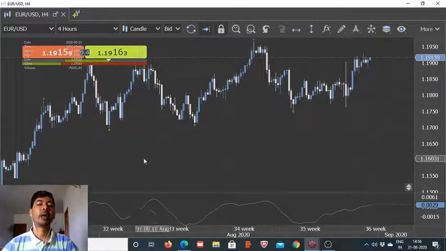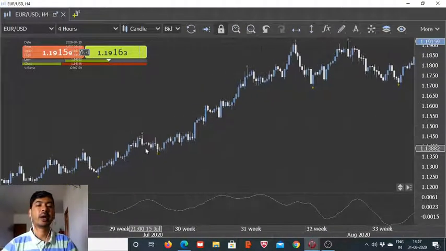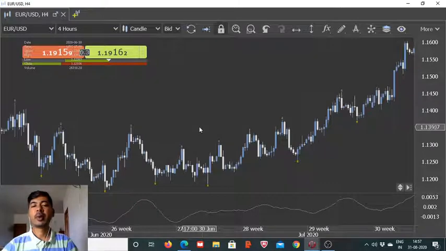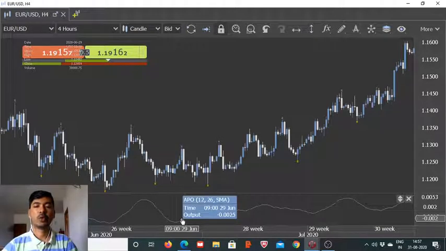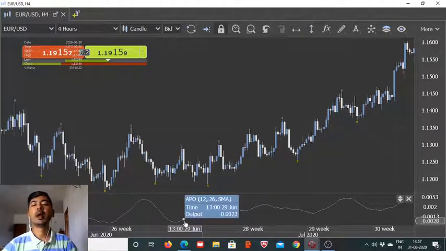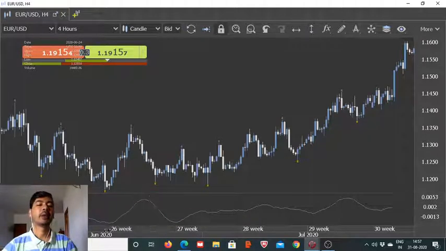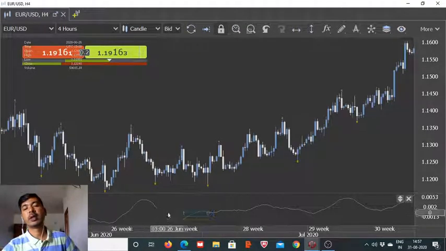And mostly, as you can observe from the chart, depending on the price action, after due consolidation, whenever there is a new move on either side, we get to see these APO values shooting up, and after the long moves, as the price action slows down, we get these APO values in decline mode.